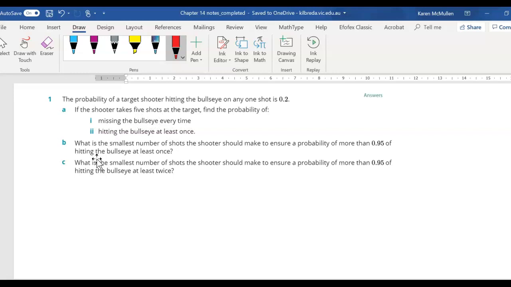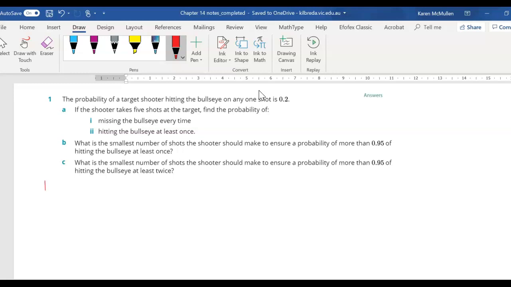Let's just look at questions B and C to see when we're finding n. Question B: what is the smallest number of shots the shooter should make to ensure a probability of more than 0.95? Question C: what is the smallest number of shots the shooter should make to ensure the probability of more than 0.95 of hitting the bullseye at least twice? So we've got at least once and at least twice. Question A you should be able to do, because this is just straightforward binomial distribution.